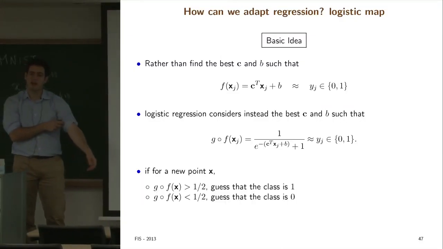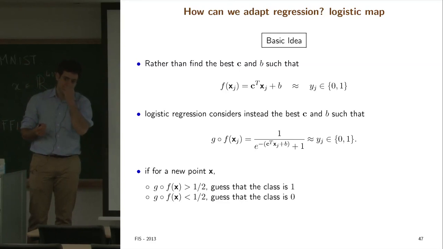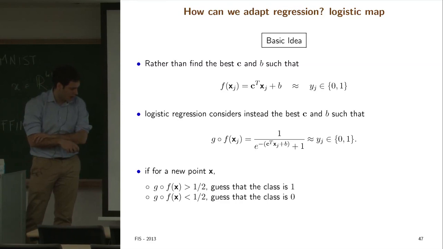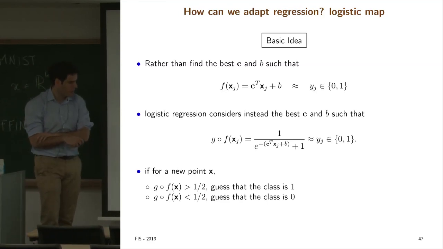And now it's not too far from 0 and 1 in a quadratic sense. So once you have found C and B for a new point, you will predict that this new point is a 1 if this function is bigger than 1/2, and 0 if it's smaller.